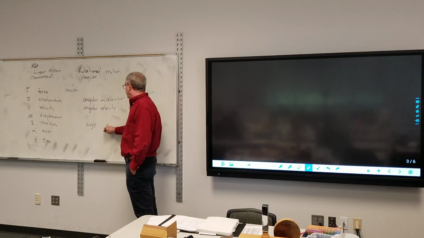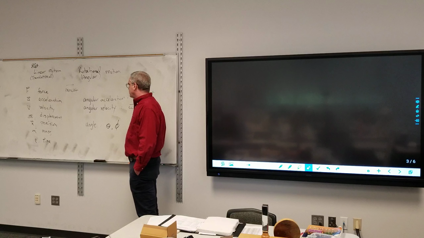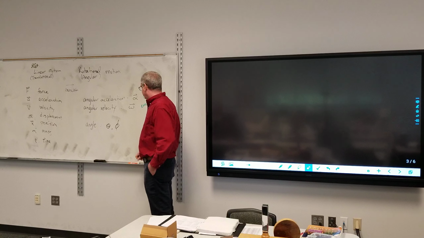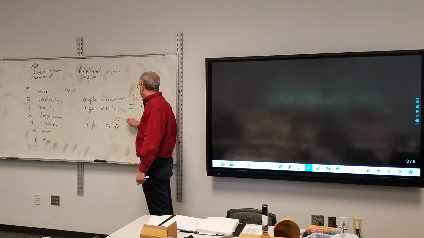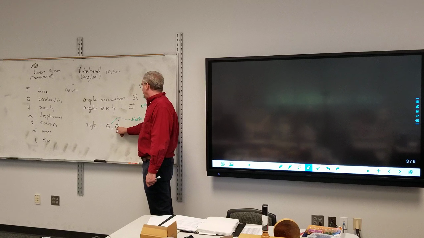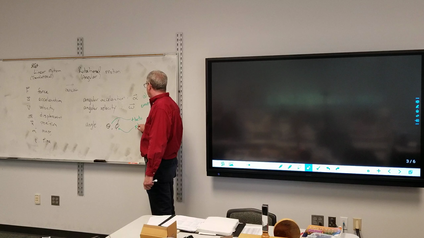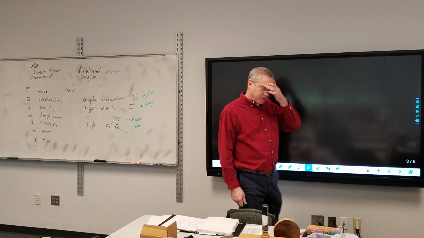For angle, theta, phi are probably the two most common ones. So that is a theta, and that is a phi. But sometimes alpha, beta, gamma are also used.